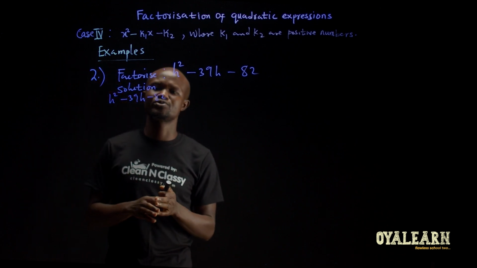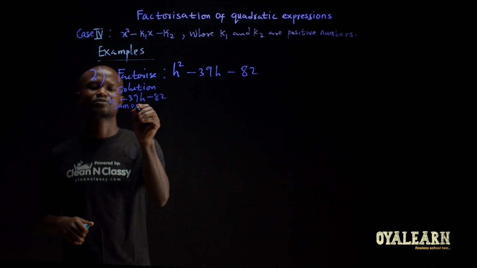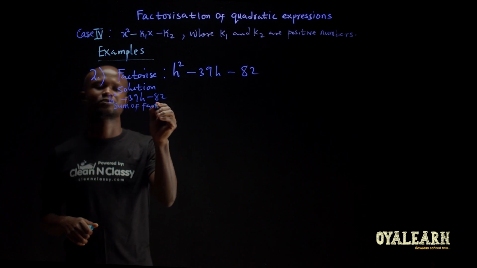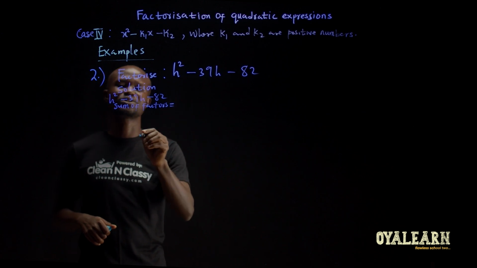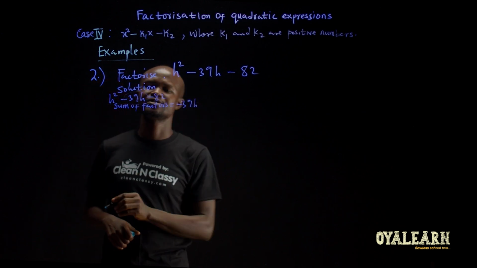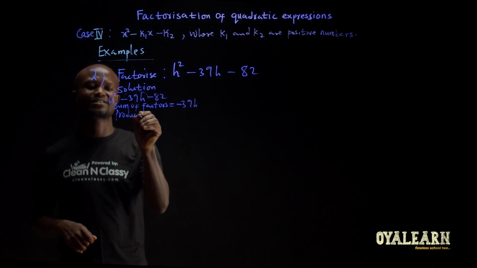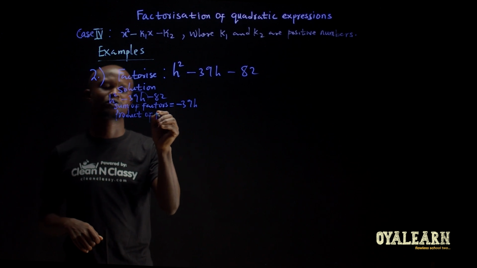The first thing to do is to write out the sum of factors, which is the middle term. That's minus 39h. And we need to write out the product. We need to get the product of factors.